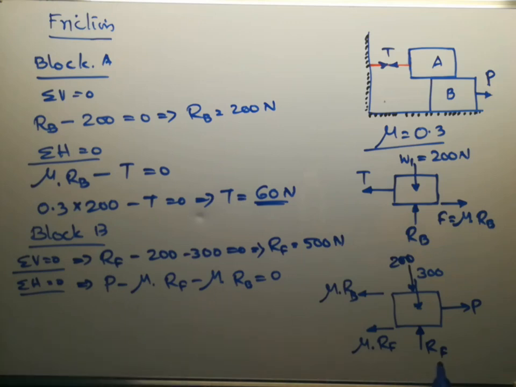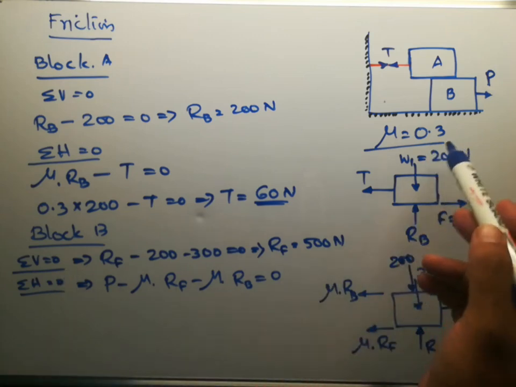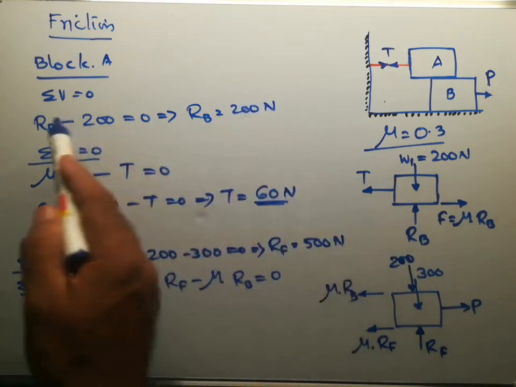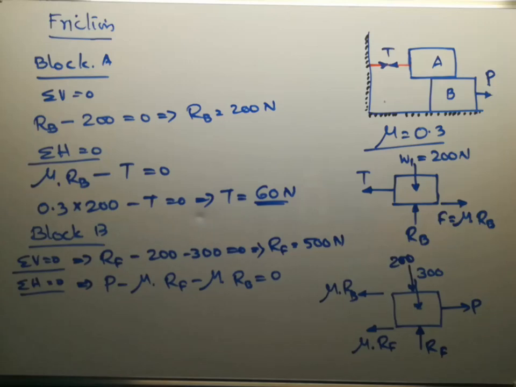Now RF we have already got as 500 Newton, mu's value is given as 0.3, and RB we already got from this equation, that is 200 Newton. Substituting all these values, you can write this equation as P is equal to mu into RF plus mu into RB.